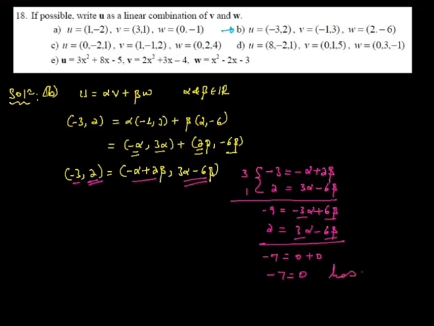This has no solution. Okay, has no solution፣ ያ ማለት አልፋ እና ቤታ የሚባሉ ይሄንን ሊኒየር ኮምቢኔሽን ሊሰራልን የሚችል ቁጥሮች የሉም። So ምን ማለት እንችላለን ማለት ነው?